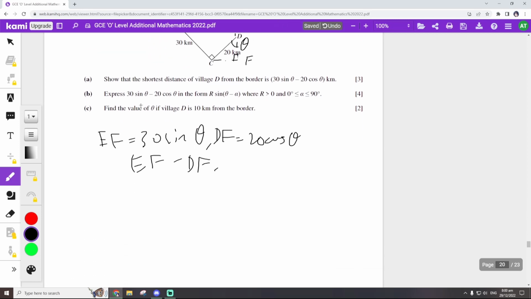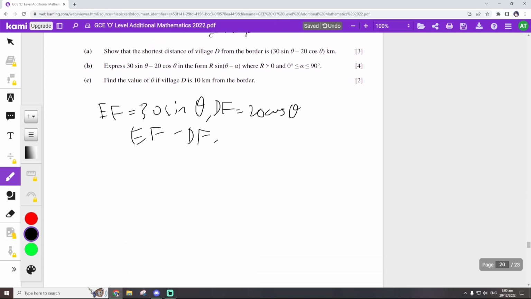Express this in the form R sine theta minus alpha. Okay, we're quite familiar with this already, I think. R will be the square root of 30 squared plus 20 squared. And I can actually take out the 10. So I'll get 10 square root of 3 squared plus 2 squared, which is root 13.